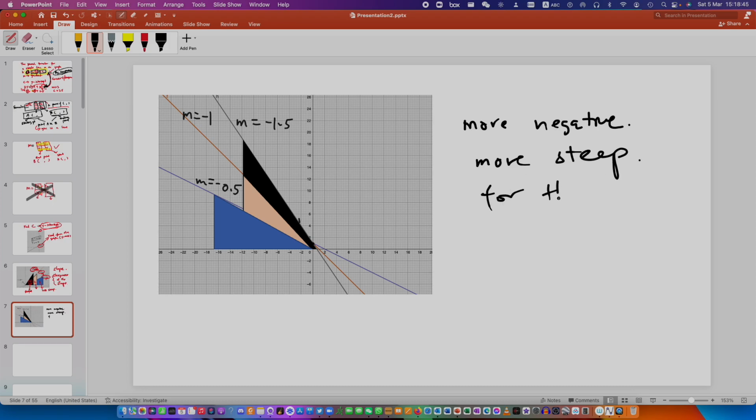In this case, because it's negative, we call it the slide. Just now, the one that was more positive was more steep for the slope. For this one, more negative is more steep for the slide.